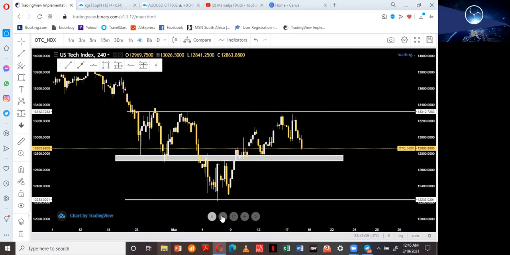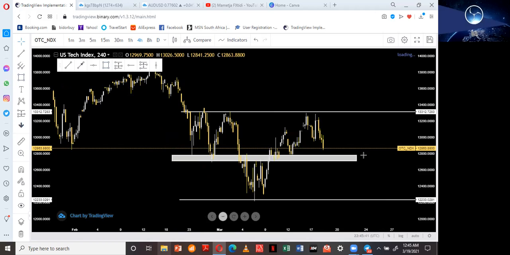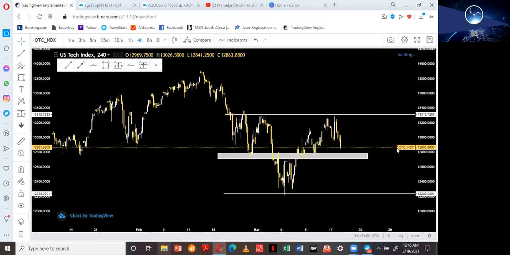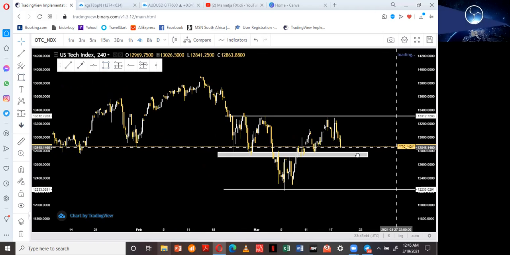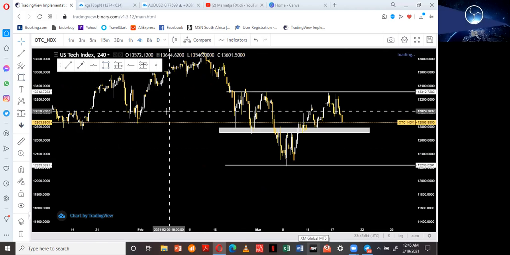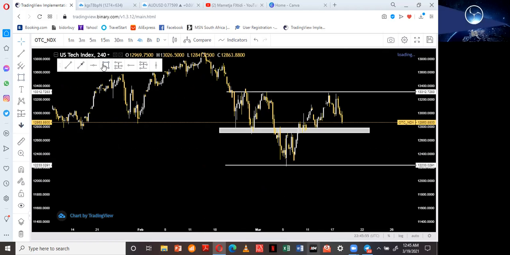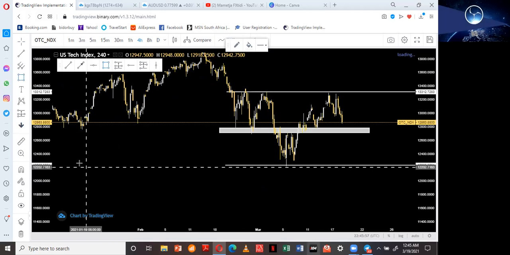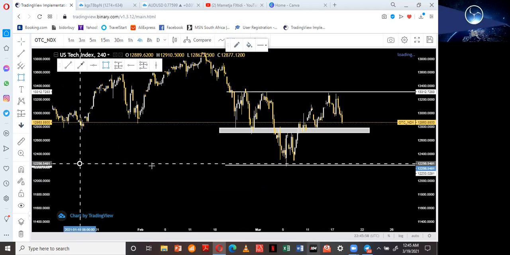After marking that level of support, we can see that we have a structure of an inverse head and shoulder pattern. If you don't know what a head and shoulder is, it's something like this, which is popular in the market.